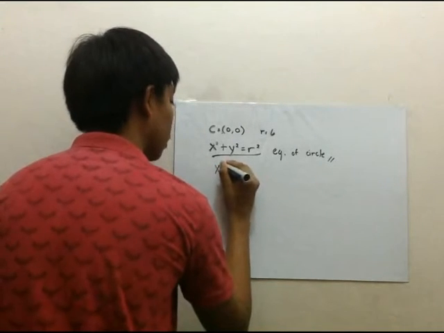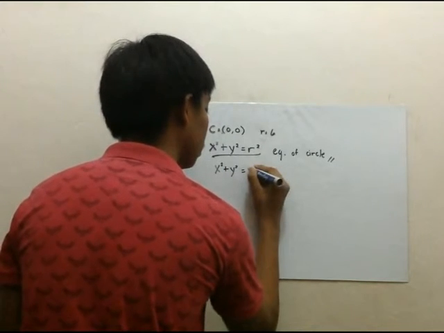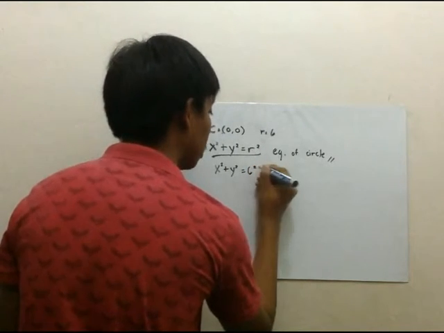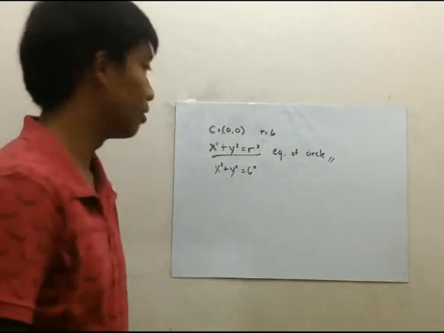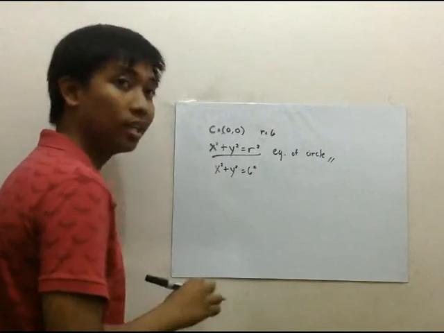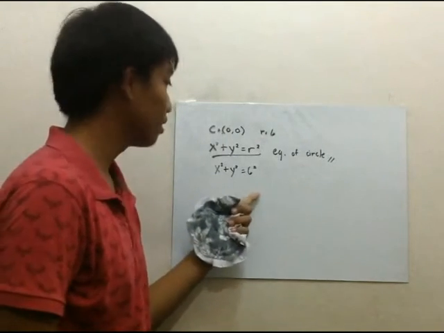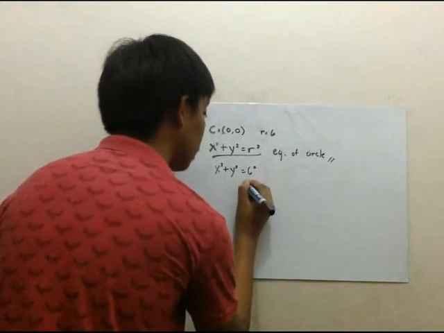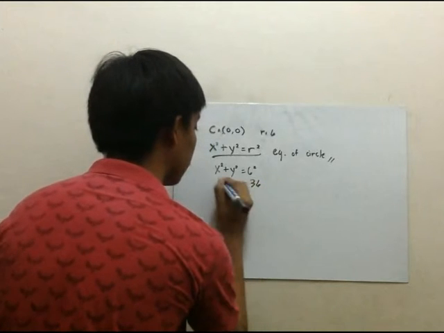Like x squared plus y squared is equals to 6 squared. So here's our equation. So let's square this 6 and it is equals to 36.